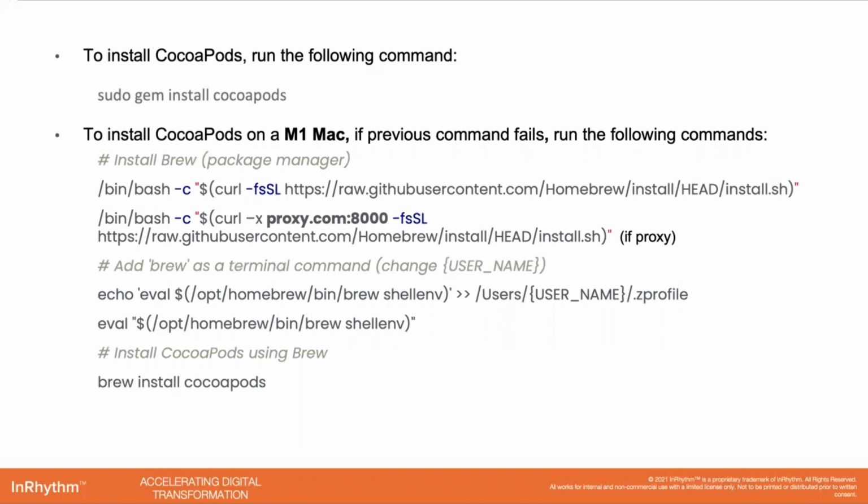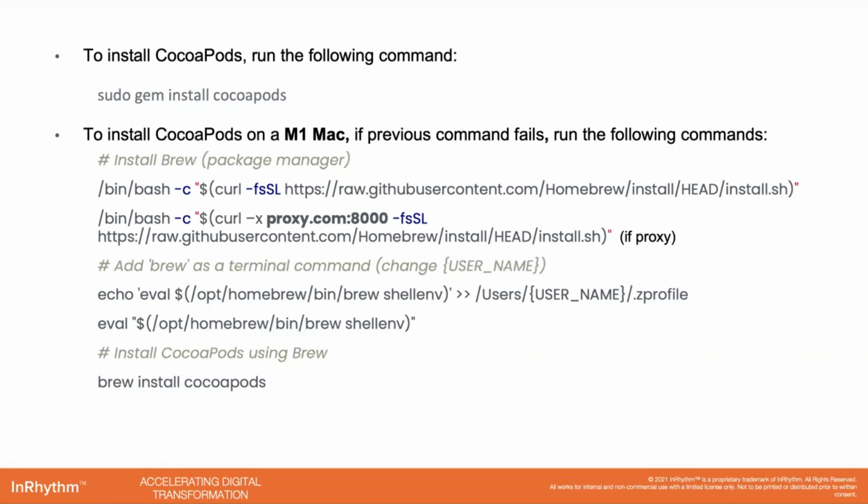Also the second command below with proxy.com 800. I gave this example because sometimes you may be trying to install CocoaPods on an enterprise work Mac with a VPN proxy, and it can be a bit of a nightmare to deal with VPN and proxy.